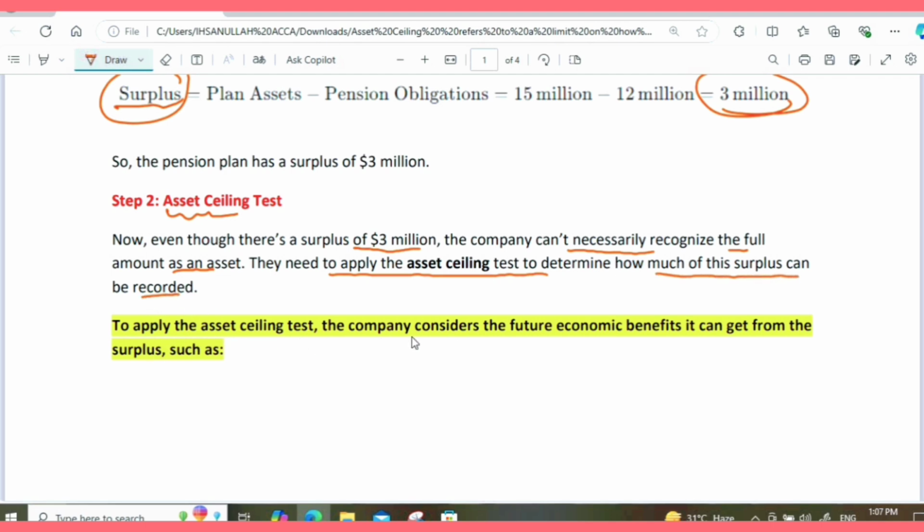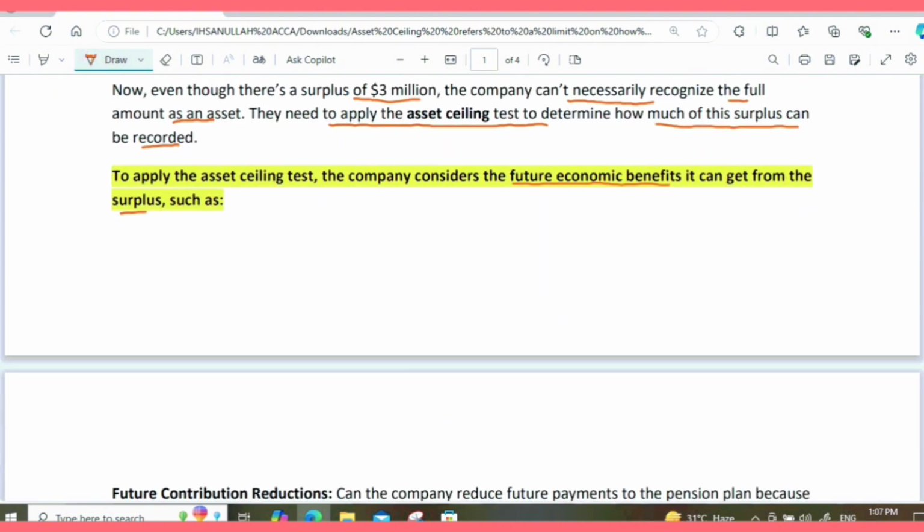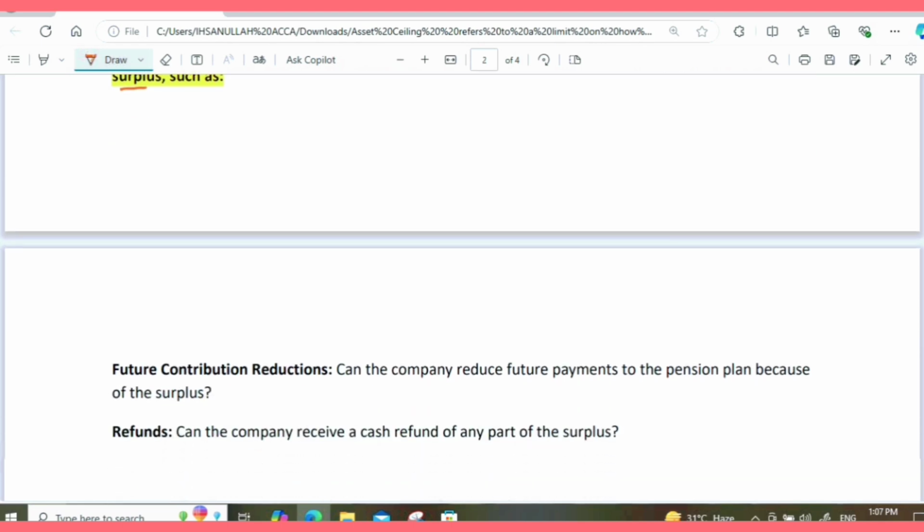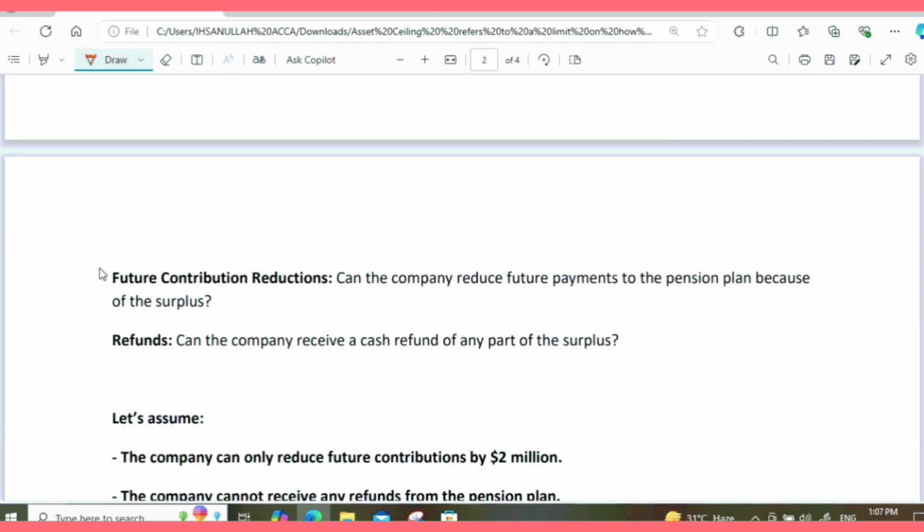To apply the asset ceiling, the company considers the future economic benefits it can get from the surplus, in the form of a refund or in the form of a reduction to the contribution. So, can the company reduce future payments to the pension plan because of the surplus, or receive a cash refund in any form?